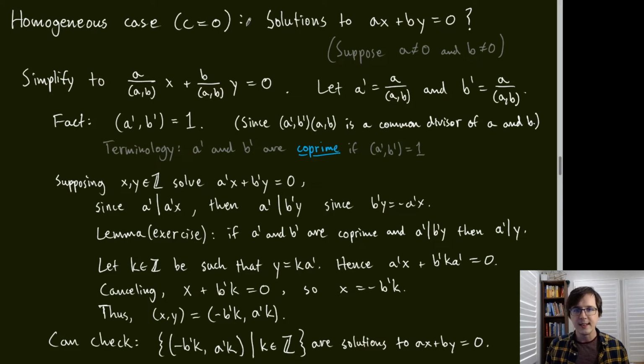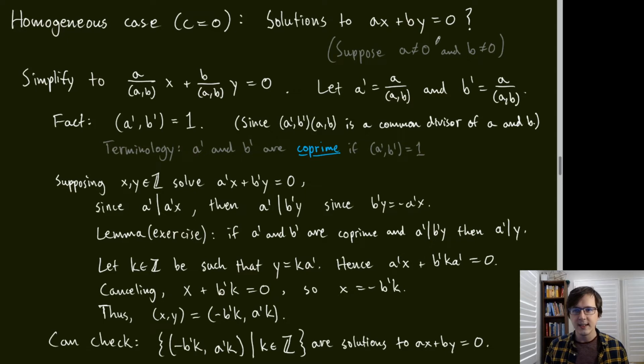So in this slide, we're going to suppose that a and b are both non-zero, because when both a and b are 0, this is easy to solve, because x and y can be just anything. If a is non-zero and b is 0, then y can be anything, but then x has to be 0. And similarly, if b is non-zero and a is 0. So the analysis is a lot more straightforward.